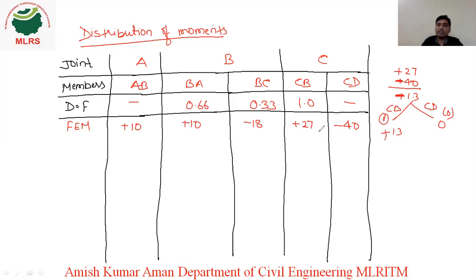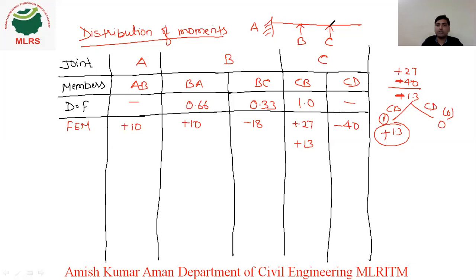It means after adding these two and after distribution of moments according to the distribution factor, we got the moment as plus 13 for the CB span. Now coming to carryover, let's have a beam here: A, B, C. For CB we have plus 13.